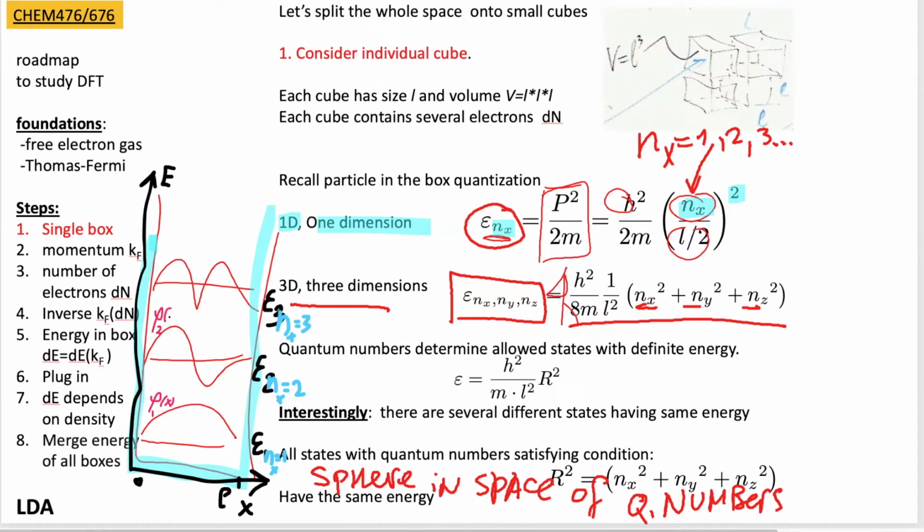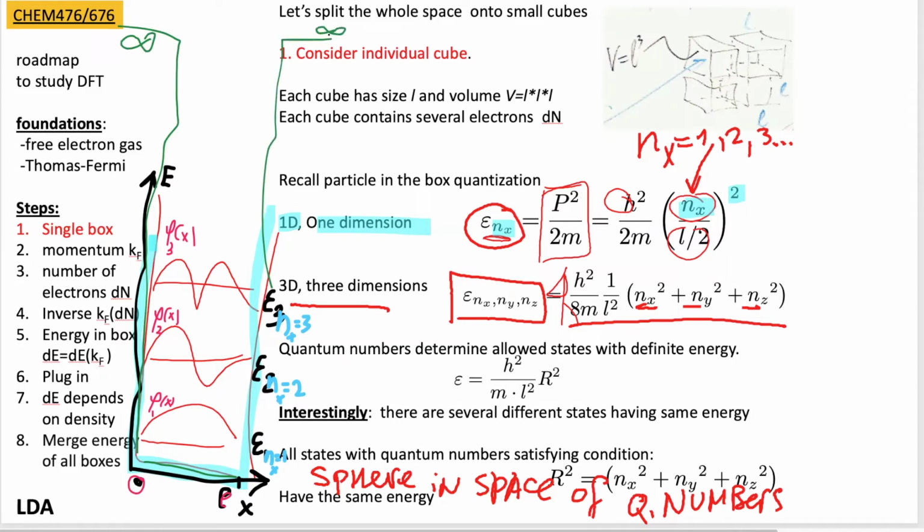So the starting point for the particle in the box is that one assumes the electron is allowed to exist only in the range from 0 to L. The potential energy is 0 inside the box, and it goes up and up to infinity outside of the box.